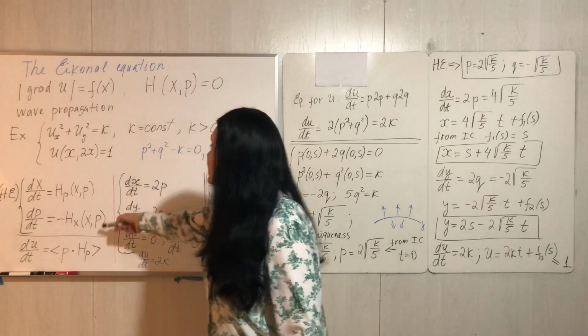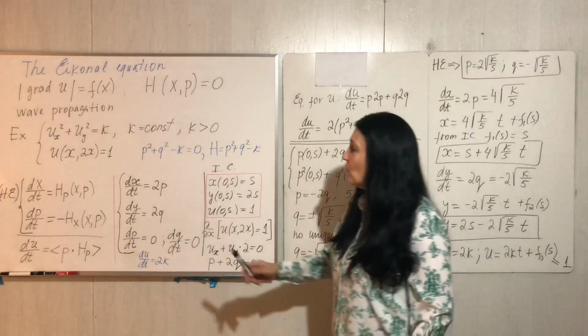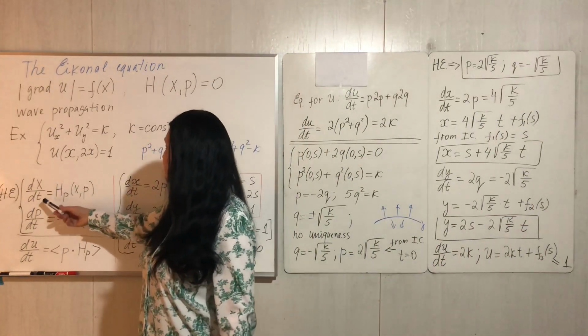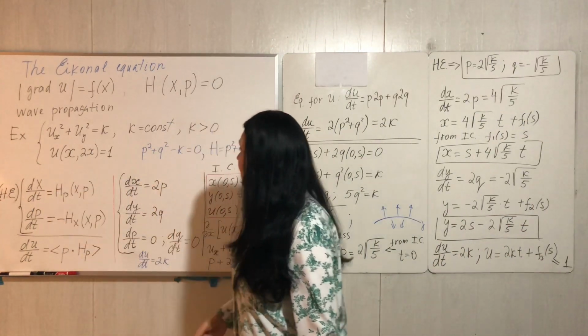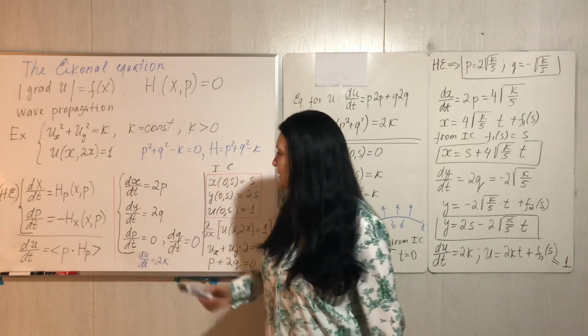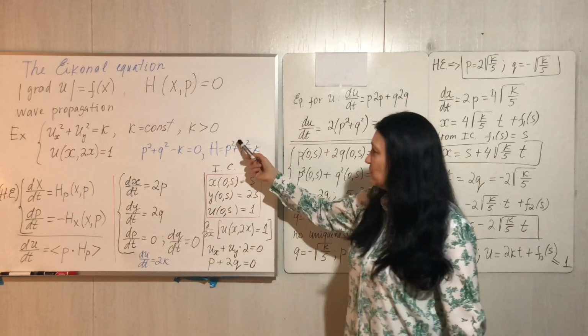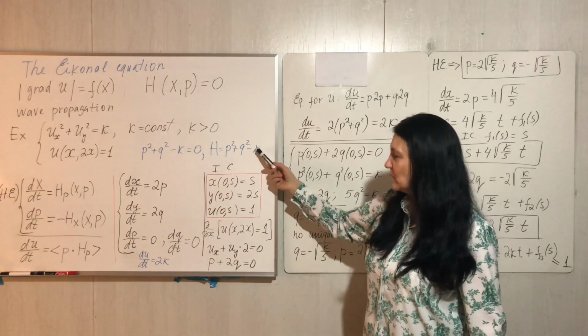Now let's specify the Hamilton equations for our case. So we have here dx/dt. Let's take first our first variable, which is x, dx/dt. What is H_p? H_p would be 2p, right, if we differentiate with respect to p.